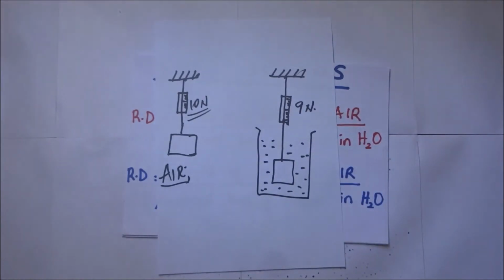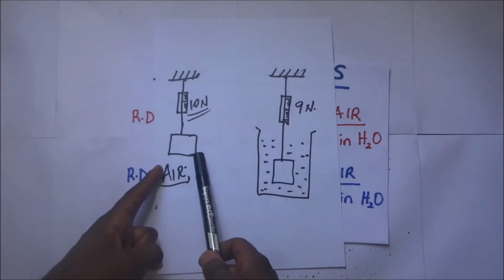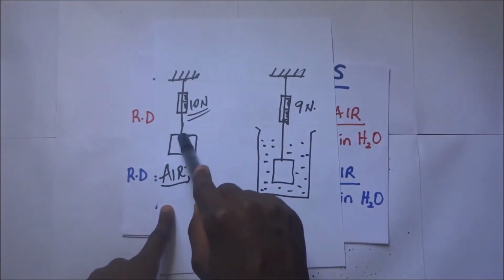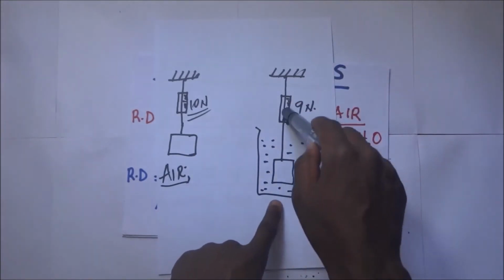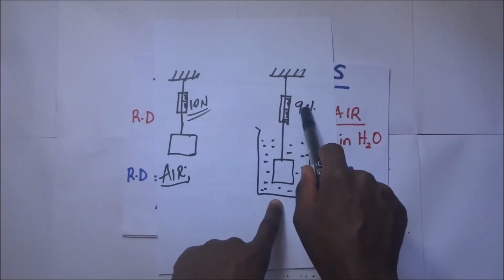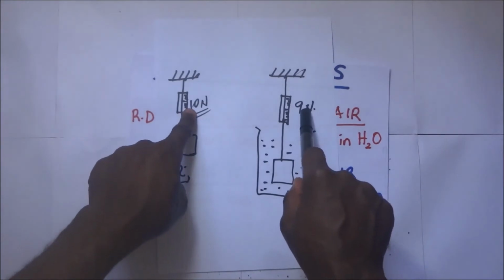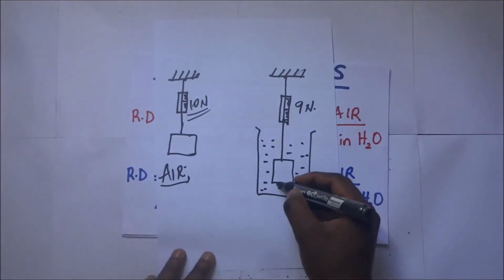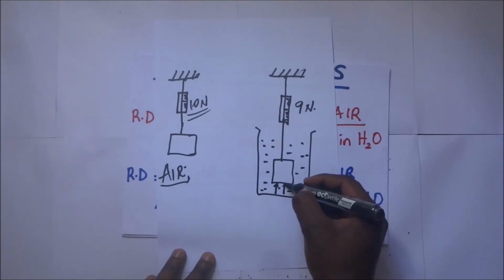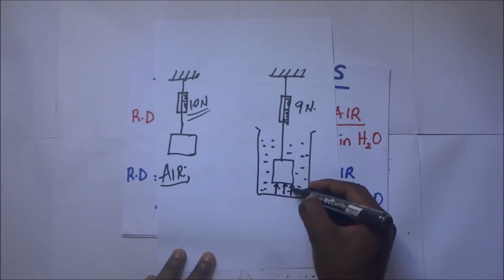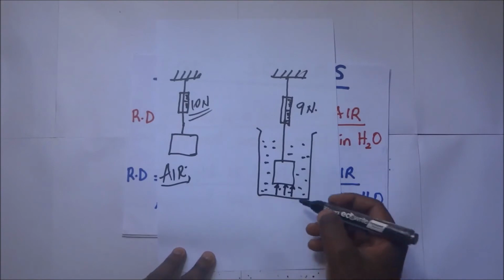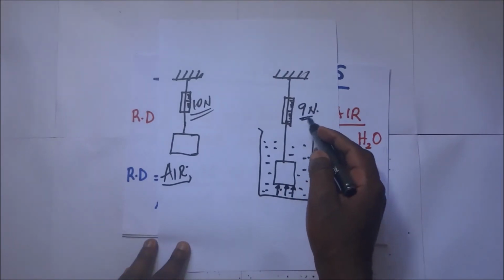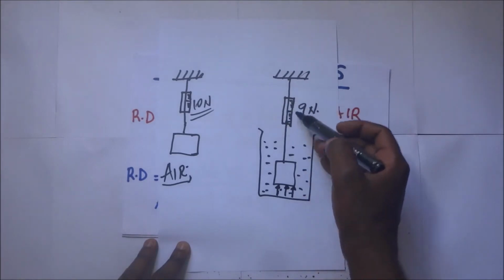Now, the question is why is it that when it is in air, it is 10 newtons, and then when I immerse the same solid in water with the same spring balance, it's going to measure less than it did here? This is because when this thing is immersed in water, it is experiencing a certain force acting from downwards.